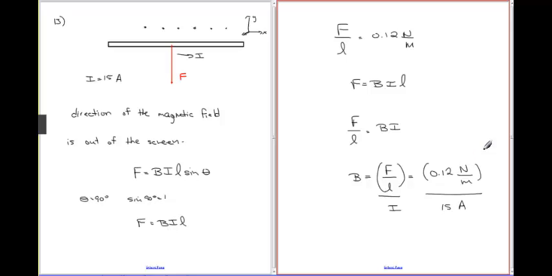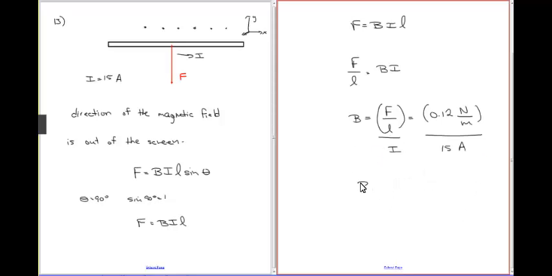We have just newtons, not kilonewtons, and meters, not kilometers, so the units are going to work out. The units are Tesla, which have units of newtons per meter-amp, which is good because that's what we have: 0.12 divided by 15 amps. So we get 0.008 Tesla, which is the SI unit for magnetic field.